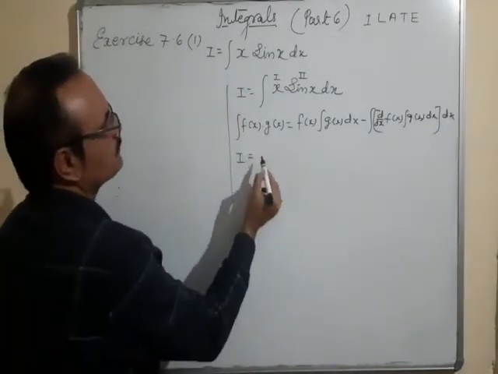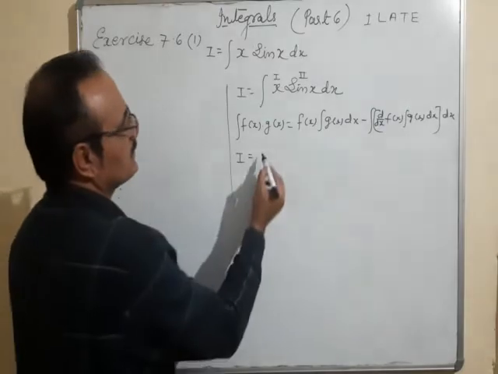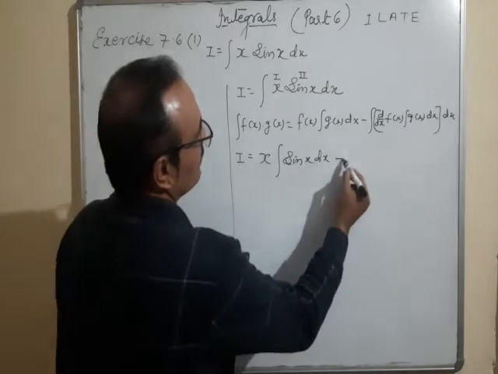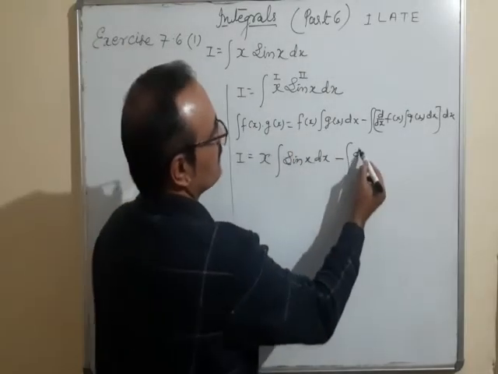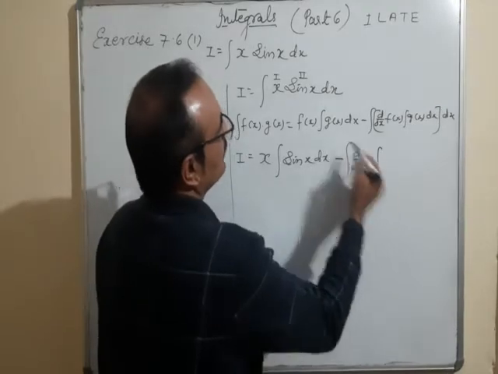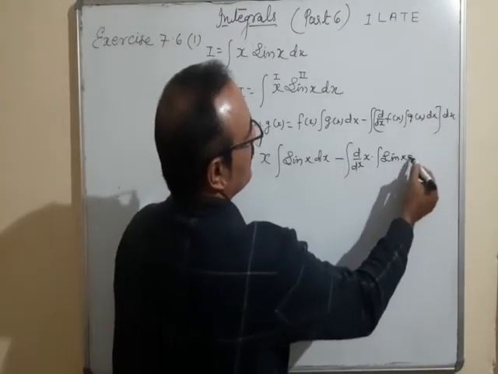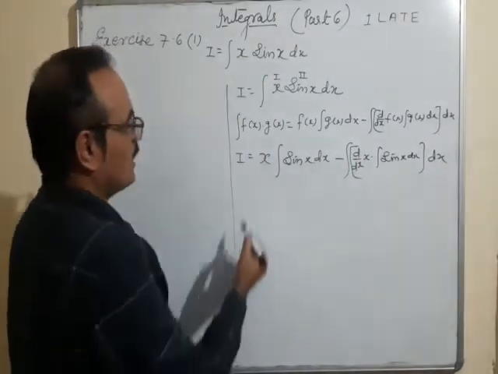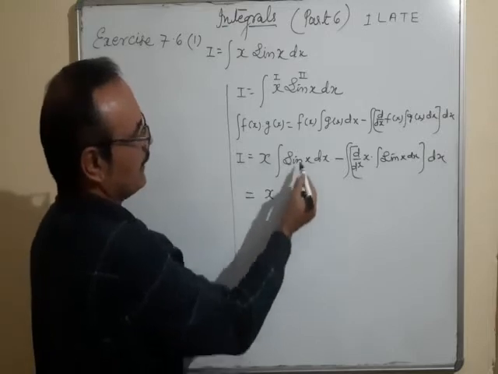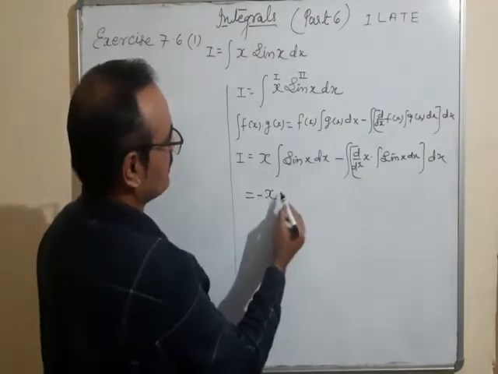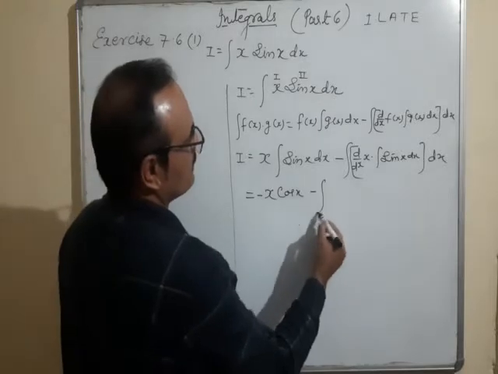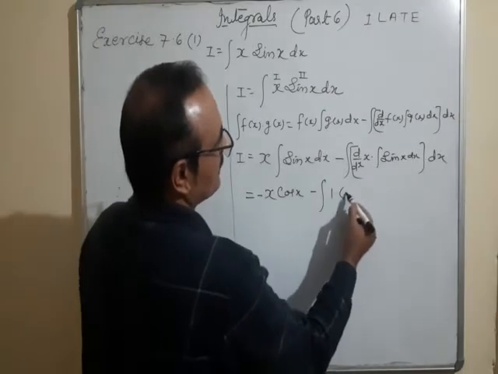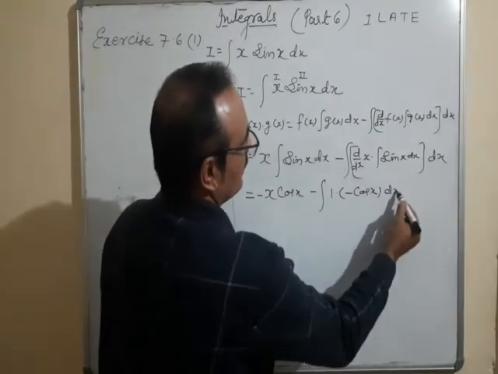I is equal to, okay, first function x, integration of second function sin x dx, minus differentiation of first function d by dx of x into integration of second function sin x dx and its whole integration. Okay, this is the rule. After that, x, integration of sin x is minus cos x, minus differentiation of x is 1, integration of sin x is minus cos x dx.